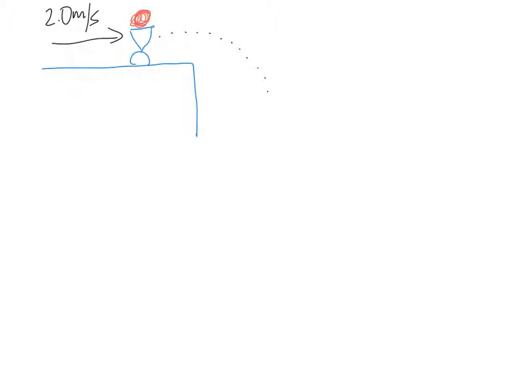Let's say this distance here from the edge of the counter, according to the prompt, is 7.0 centimeters. The question is asking how far do they fall from the edge? How far down? So we're looking for this distance here.